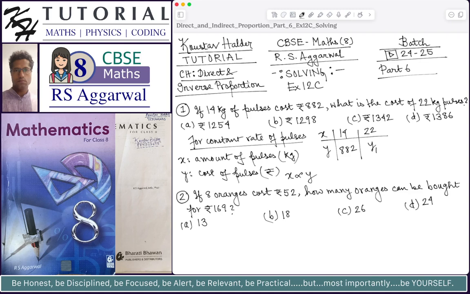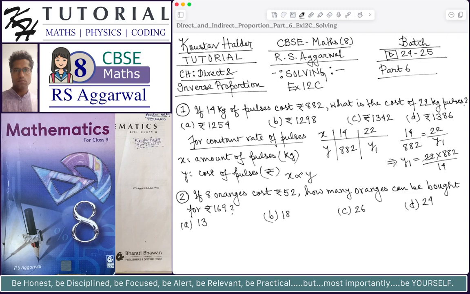Since these two quantities x and y vary directly with each other, we must have 14 by 882 equal to 22 by y1. So this implies y1 is equal to 22 multiplied by 882 by 14.